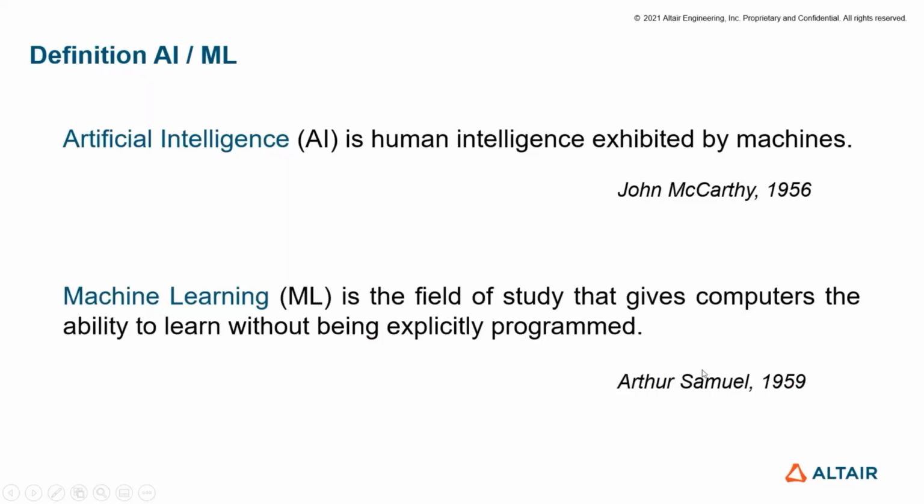What it means is, let's suppose I have to write a simple explicit program where I give you some images and tell whether this image is a dog and this image is a cat. What you would write is: if the ears are standing and tall, then it is a dog, and if the ears are small and falling, then it is a cat.